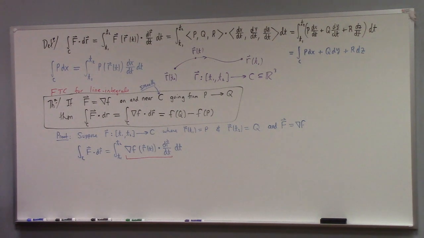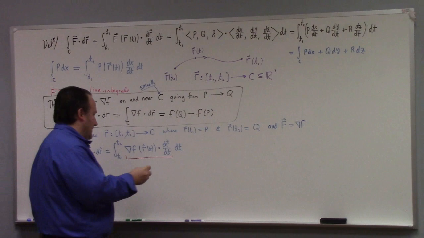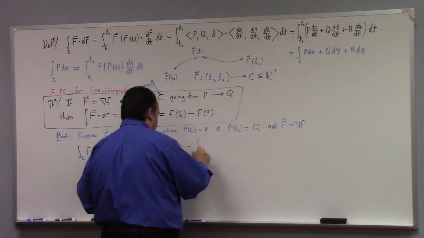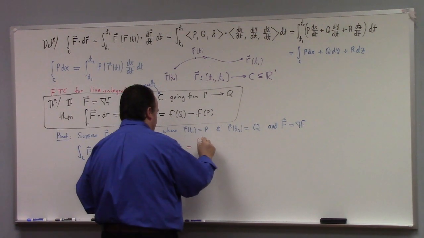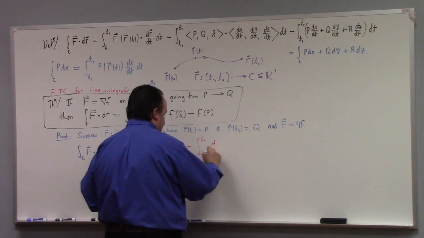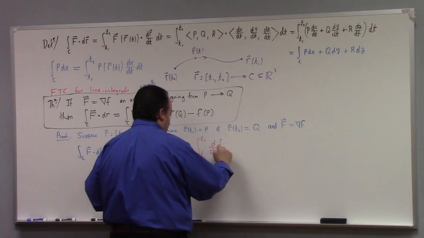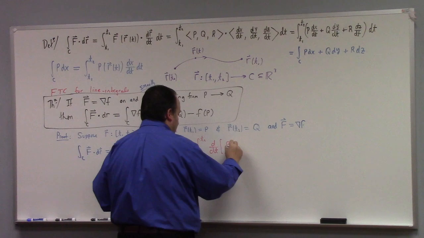We composed a function with a path. We differentiated it, and then I went the other way. There I started with the derivative of the composition, and then I wrote this down because it's the chain rule. So, like the chain rule here, that integrand is really the total derivative of the composite of my potential function with my path.